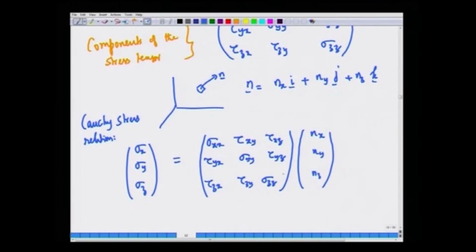You take the stress tensor, write down the components as a 3 by 3 matrix, do a matrix multiplication with the 3 components of the unit vector. So, if you tell me what is the orientation of the vector, and if you also tell me what is the state of the stress in the system by telling the components of the stress tensor referred with respect to a Cartesian coordinate system, then I can tell you what is the stress at any arbitrary orientation.